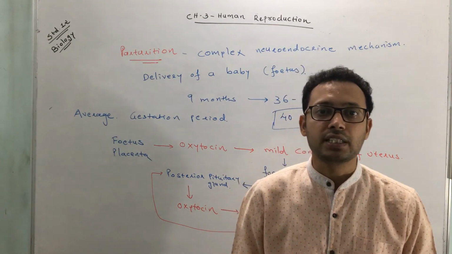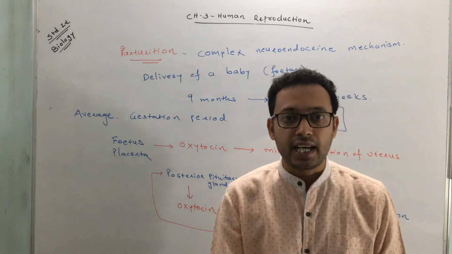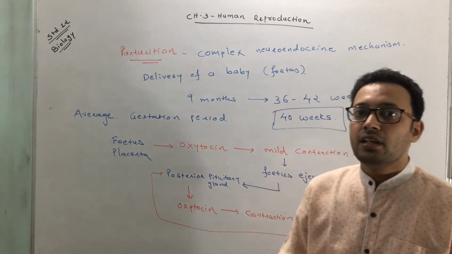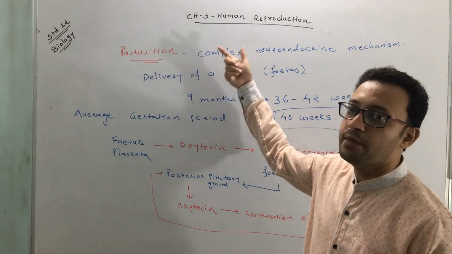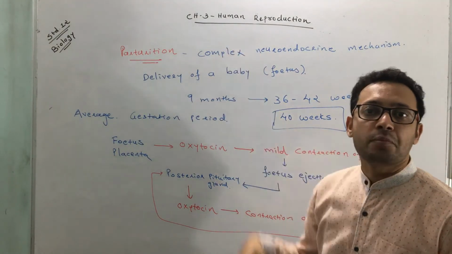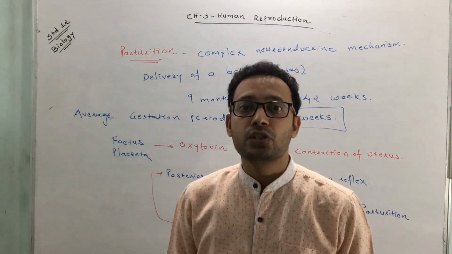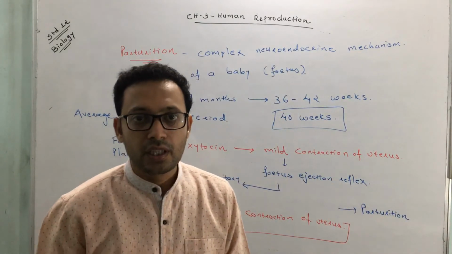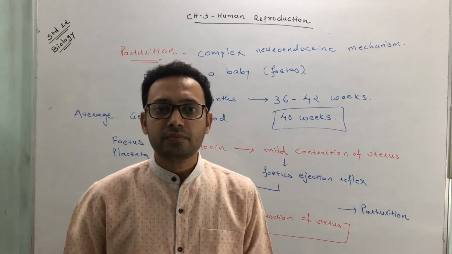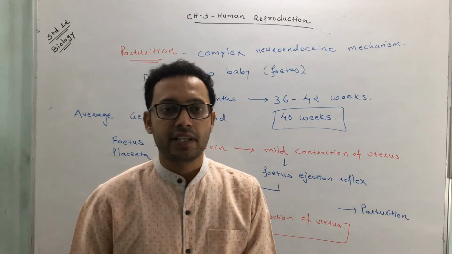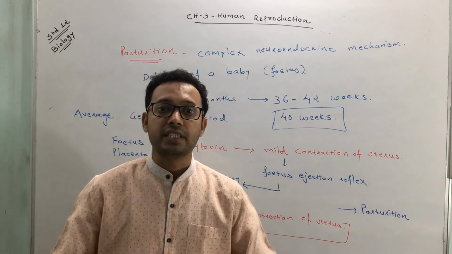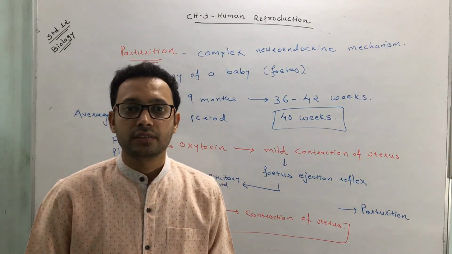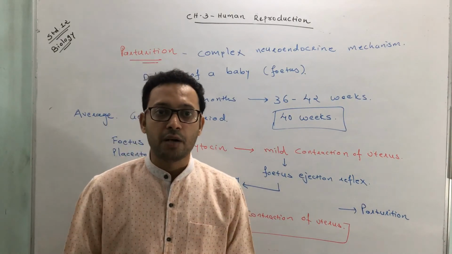It has to be performed if there are chances of complications or a lady is not able to cope with the normal neuroendocrine mechanism, because it's a complex mechanism. Thus at the end of this, the baby gets delivered out, the parturition process is finished, and the baby is now in the outer world, in our environment.